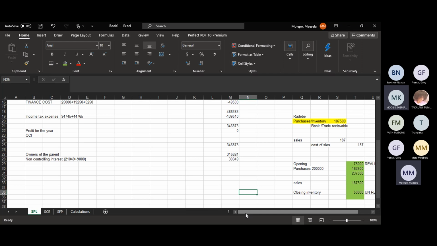With regards to the revaluation surplus, in what scenario would we have it? Because I'm looking at the pre-balance, there's a revaluation surplus as at 1 April 2015. Where would we put it, as other income or other comprehensive income?